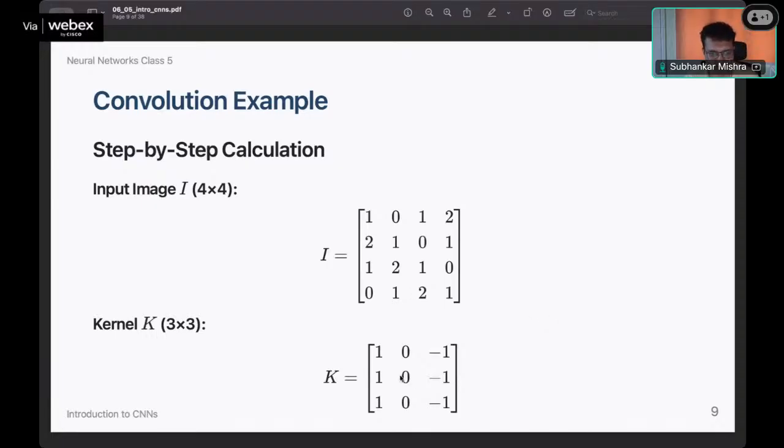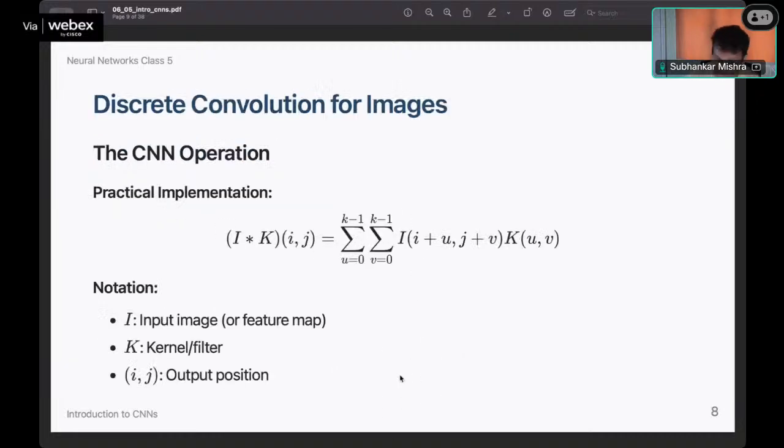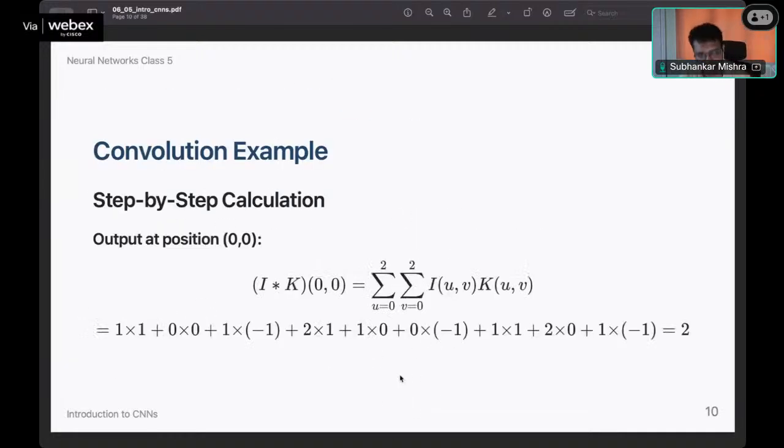Let's say we have a 3 cross 3 kernel, which looks like this: ones, then zeros, and then minus one. How do you calculate the new value at position 0 comma 0? Initially it was 1. You can apply the convolution formula that we learned here. I convolved with K at 0 comma 0, and we apply these two summations over I(u,v) and K(u,v), where u and v will vary from 0 to 2.